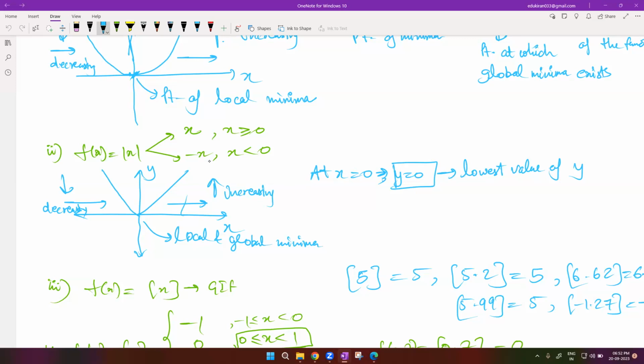So it gave us a point of local minima, which was actually the lowest value of this function at all points in its domain. That is why we can also call this point global minima. So if a function decreases first and then increases, it gives us a point of local minima. These relationships or rules, we were able to identify in the last class.